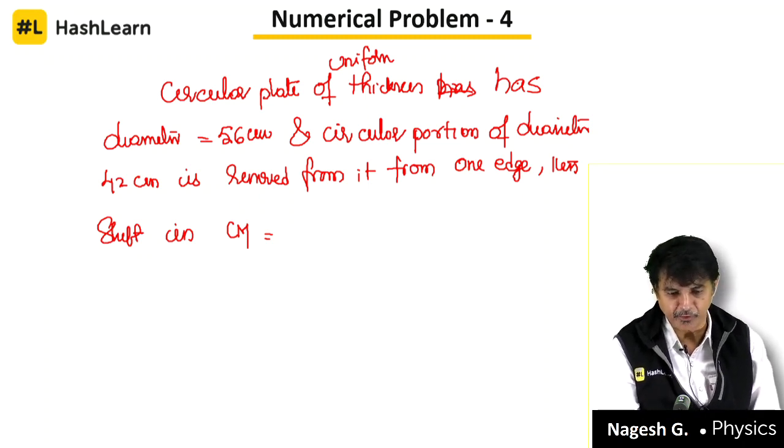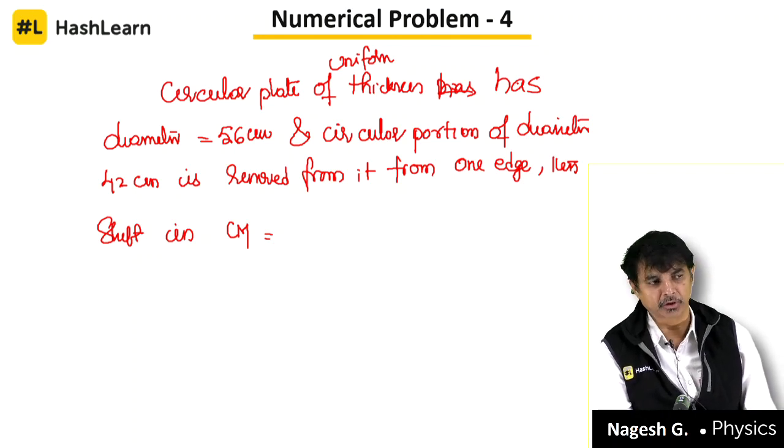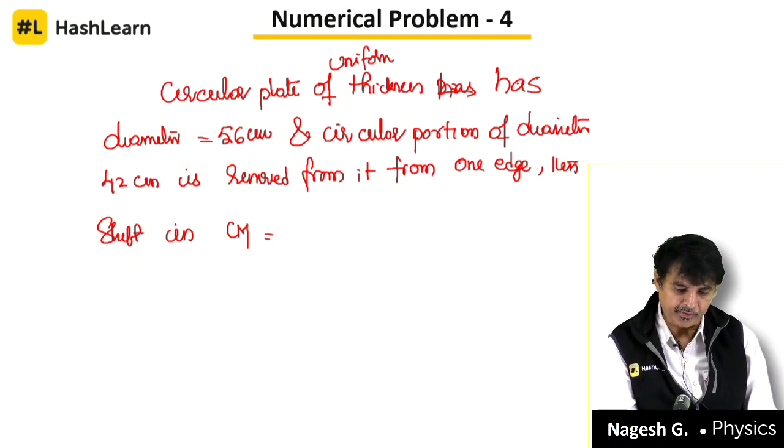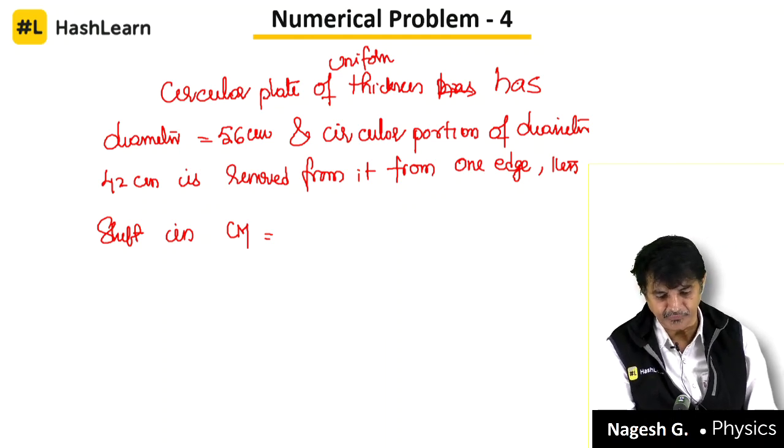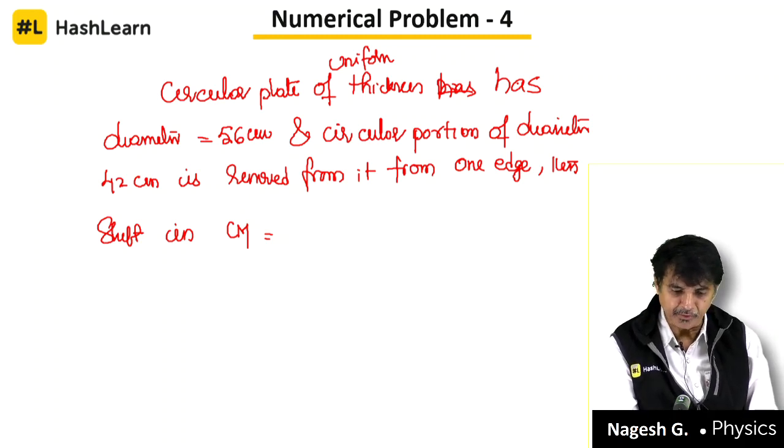This is the numerical based upon the concept I just fed you. A circular plate of uniform thickness has a diameter of 56 centimeters and from it a circular portion of diameter 42 centimeters is cut and removed from where? From one edge. Then shift in center of mass is equal to how much?